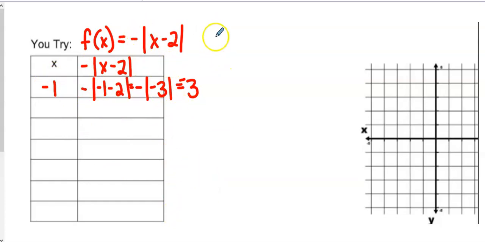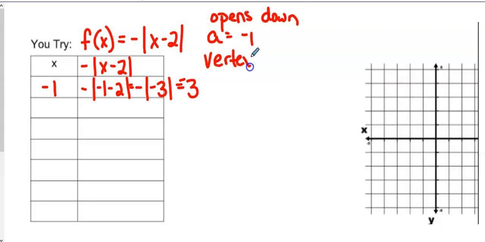We can say, okay, we know this opens down. A equals negative 1. The vertex is 2, 0, because we take the opposite of this number, and then whatever's out here, there's nothing out there, so it's 0. Vertex is 2, 0, so that's right here. It opens down, and the slope is negative 1.